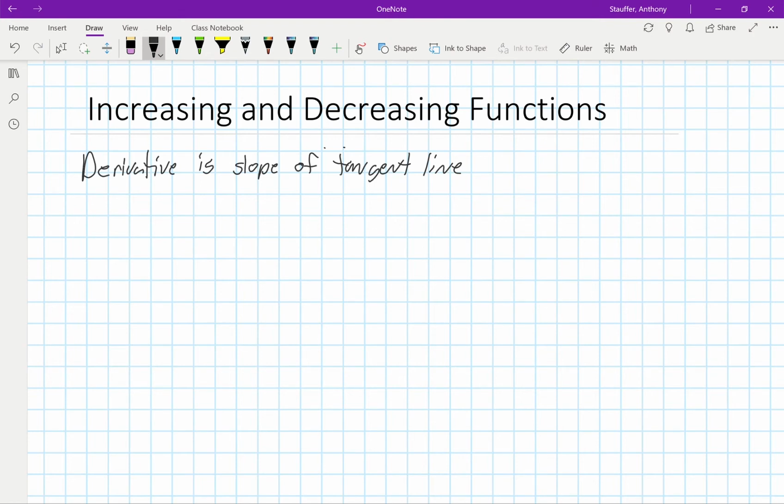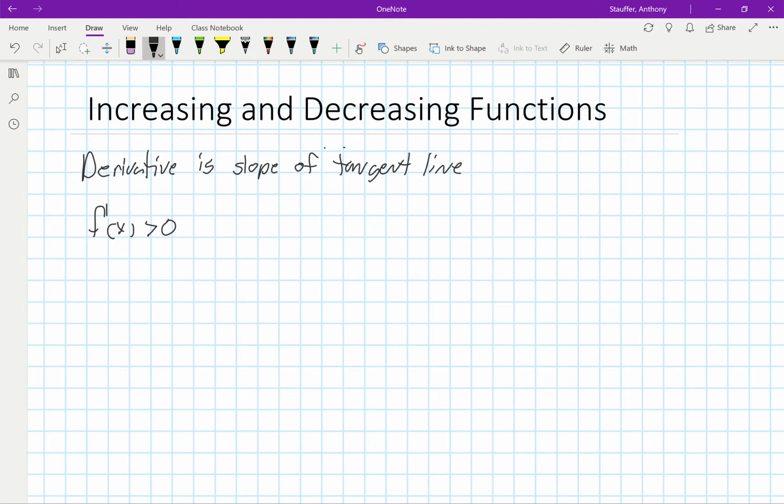Now, let's think about this for a second. Let's say we have some f at x. So if I have some f at x and the function is such that f prime at x is greater than 0, well, what does that mean? So starting off, instead of saying positive and negative, in math we tend to say it's greater than 0 or it's less than 0, where 0 is not considered to be either positive nor is it considered to be negative.